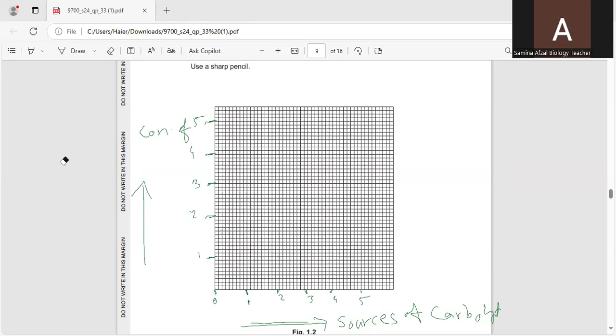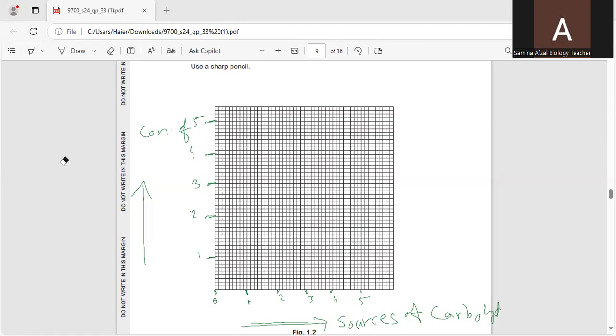Bars should be of the same width, and they should not be joined together because this is a bar graph. Their height should be drawn with the help of a scale, and the distance between the bars should be the same.